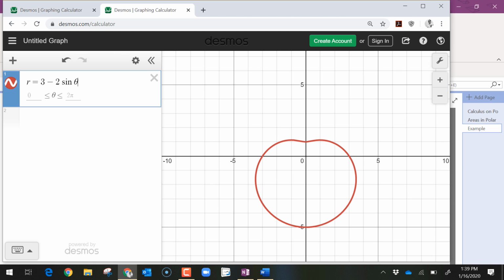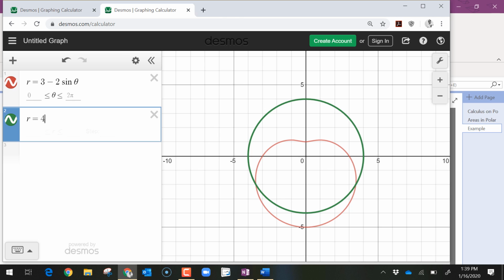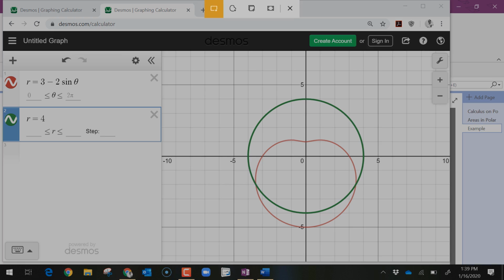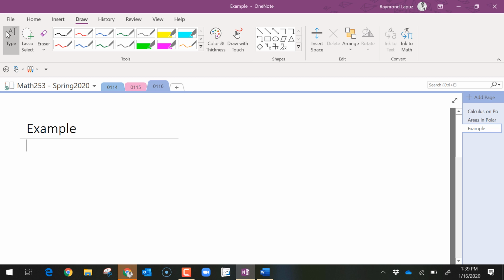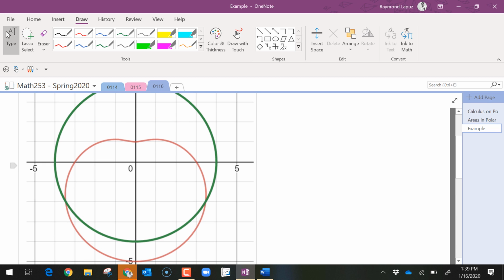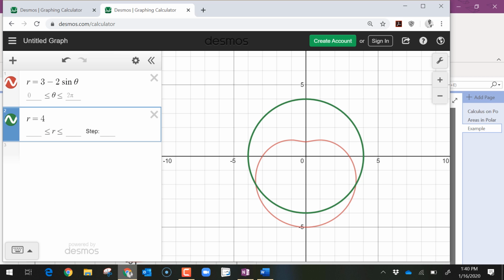Oh, what happened? All right, let's say we wanted to find this little area down here. So we got a circle of radius 4, and then we got this cardioid looking thing.